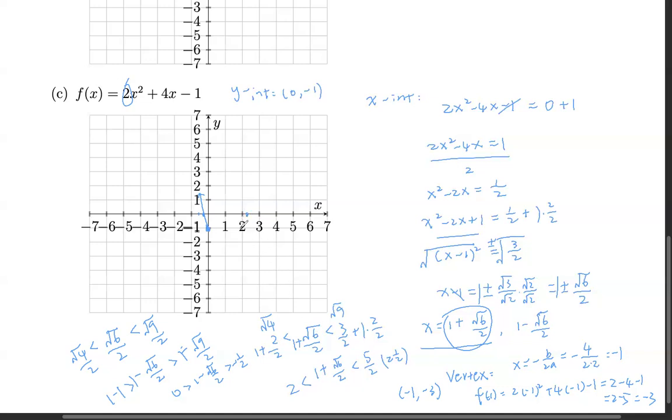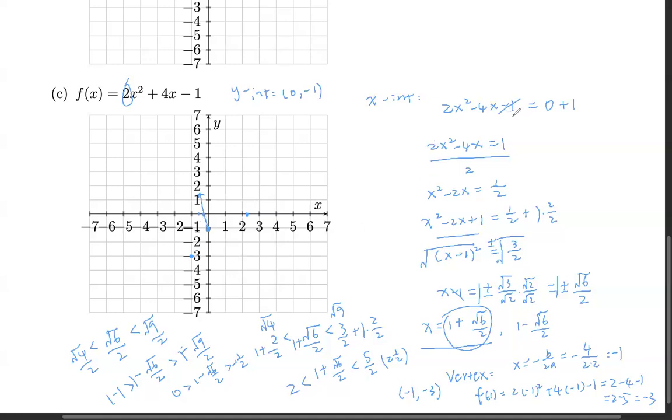So y-intercept 0, negative 1, yes. Then vertex is negative b over 2a, which is negative 1. Negative 1 and negative 3 are okay here. Negative 1, negative 3. So this point must be wrong because we have an upward parabola.